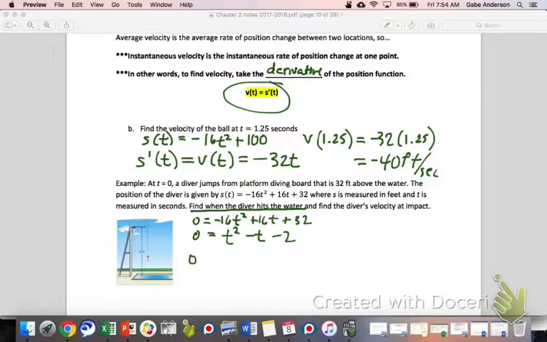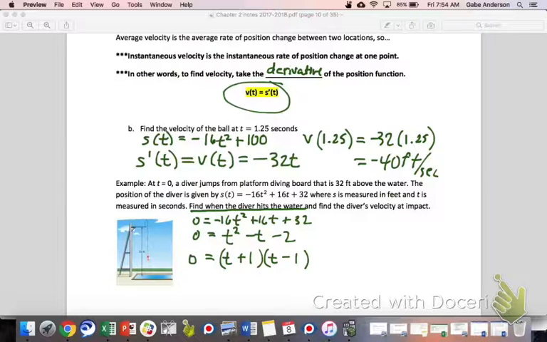So, Lainey, how does that factor? T plus 1, t minus 1. I don't think it's right. You don't think that's right? Why not? I don't know. So check this out. Sorry, I put you on the spot.